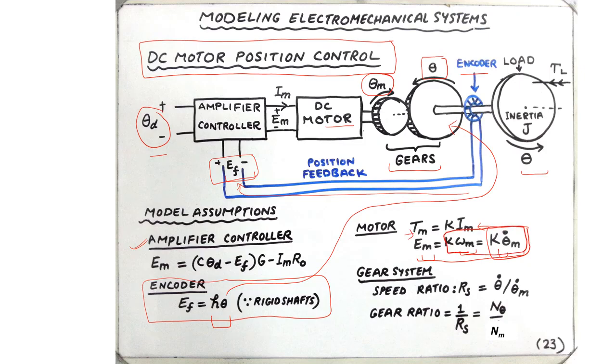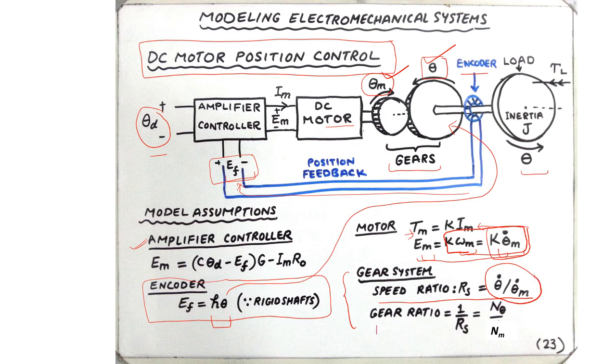Now comes the tricky part of this problem, that is the model of the gear system. The speed ratio Rs is defined as the ratio of speed of the larger gear, that is theta, to the speed of the smaller gear, that is theta m. So we say that Rs is theta dot divided by theta m dot.